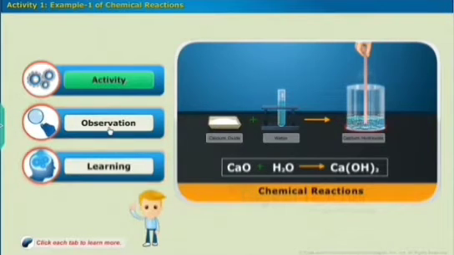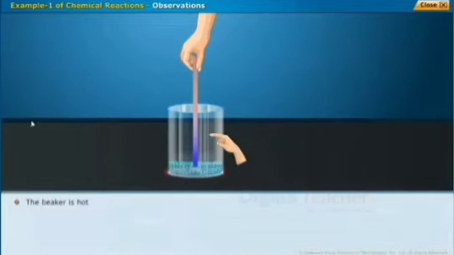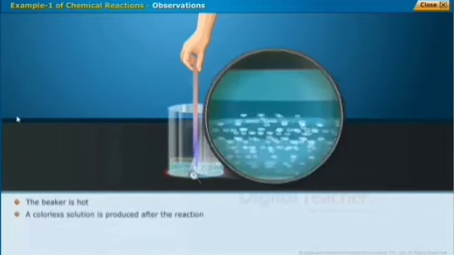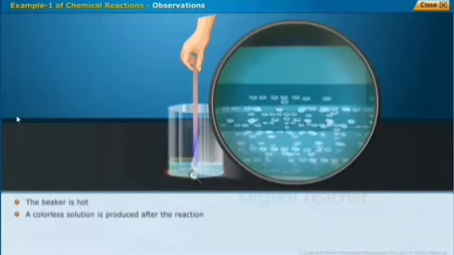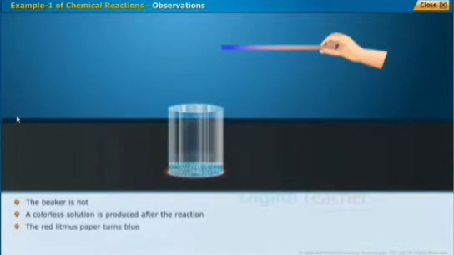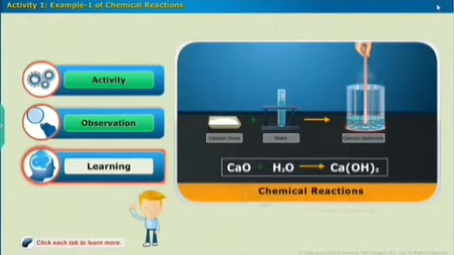Observation. The beaker is hot. Can you say why? A colorless solution is produced after the reaction. The red litmus paper turns blue. Again, think why. Learning.